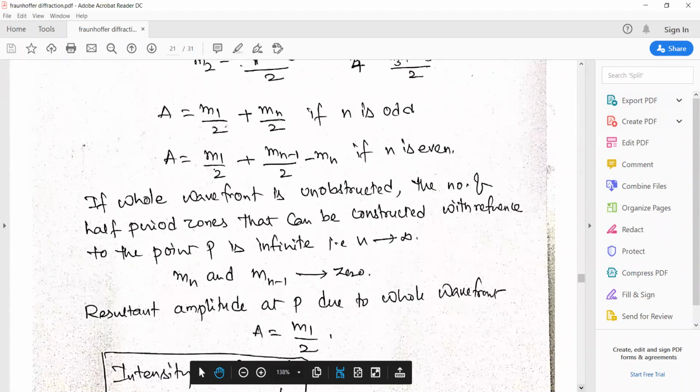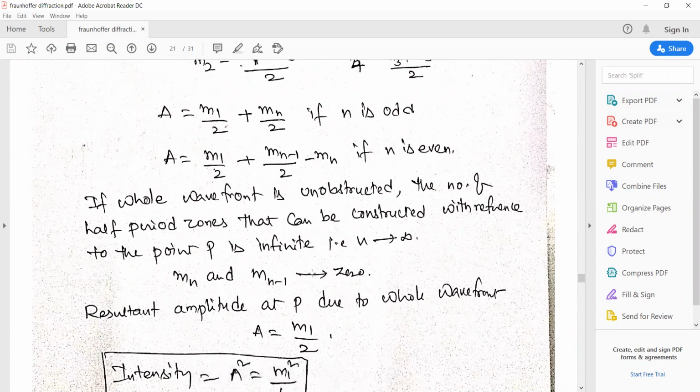If the whole wavefront is unobstructed, meaning the complete wavefront is transparent, then the number of half-period zones that can be constructed with reference to the point is infinite. Infinite zones you can construct. So the last terms will usually be 0, because the amplitude of the first zone is very much greater than the second zone.